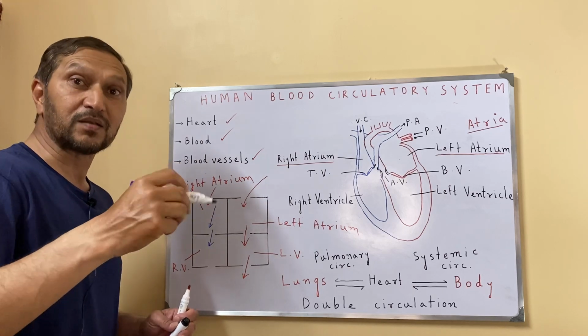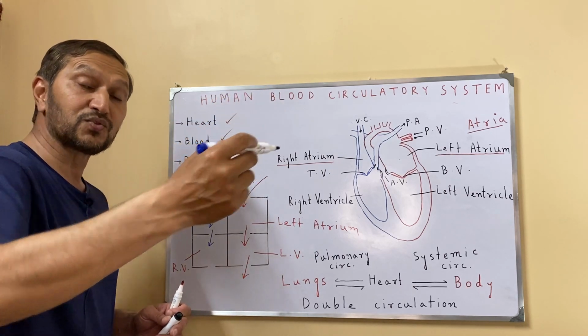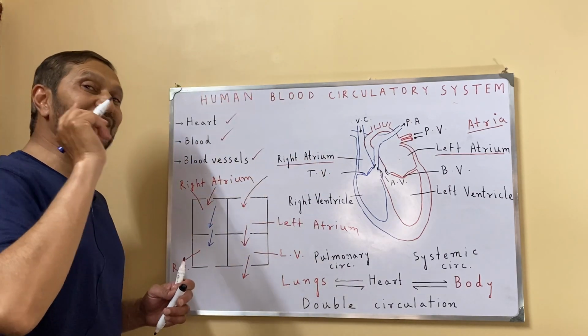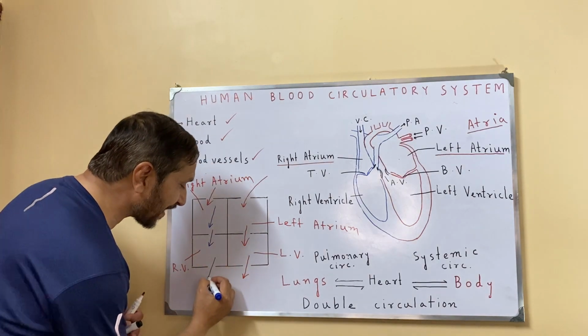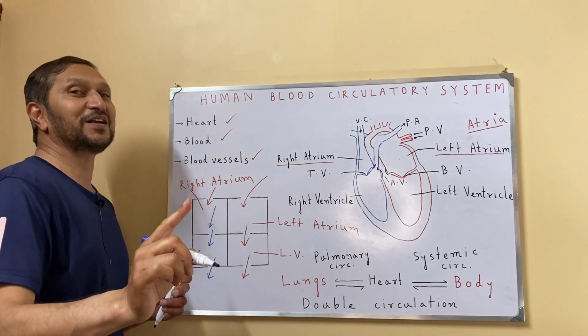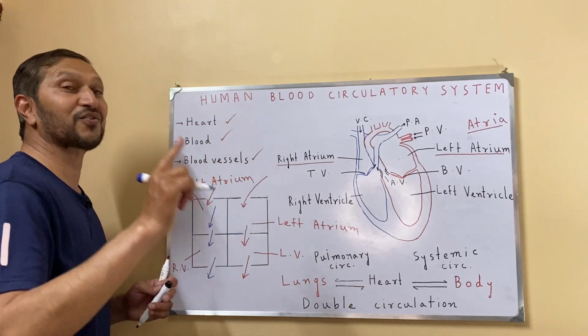And once again the pulmonary term will be used. So the pulmonary artery will carry the deoxygenated blood towards the lungs for oxygenation.